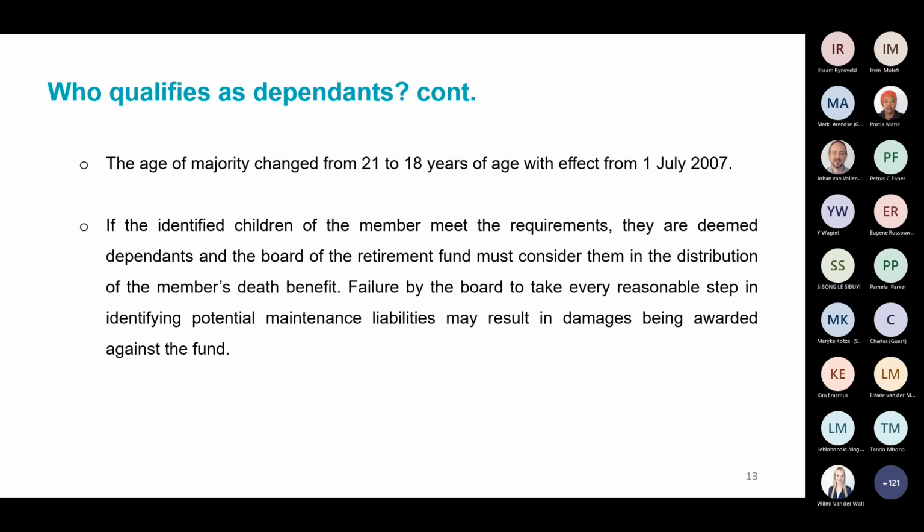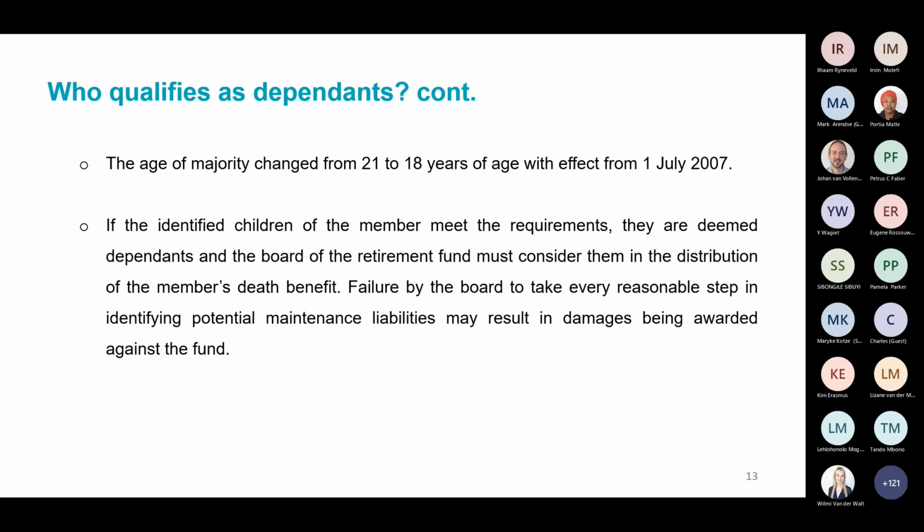If the identified children of the member meet the requirements, they are deemed to be dependents, and the board of the retirement fund must consider them in the distribution of the member's death benefit. The failure by the boards to take every reasonable step in identifying potential maintenance liabilities may result in damages being awarded against the fund. And this, of course, is important because we do find that boards sometimes don't find all the dependents that they ought to have found.